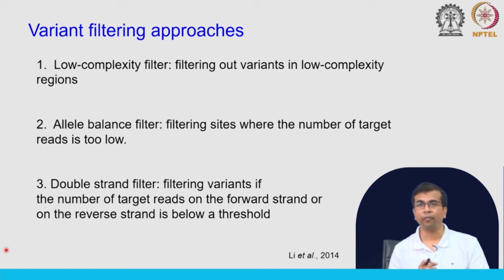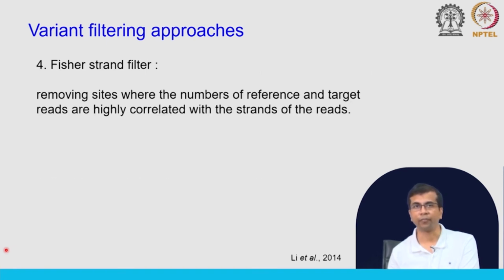Now, if the number of reads mapping to the forward or reverse strand is too low, it means maybe the variant is mostly called by reads mapping to just one of the strands. This is not desirable. Maybe there is some sort of artifact or bias, which can lead to a false positive call. We want to avoid this, so that's why we can deploy this double strand filter.